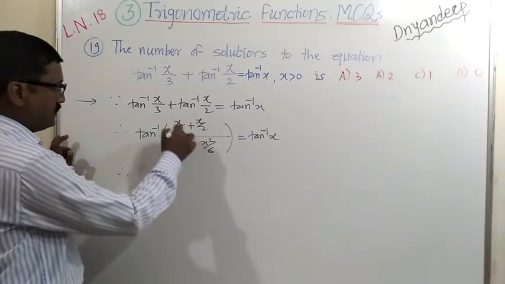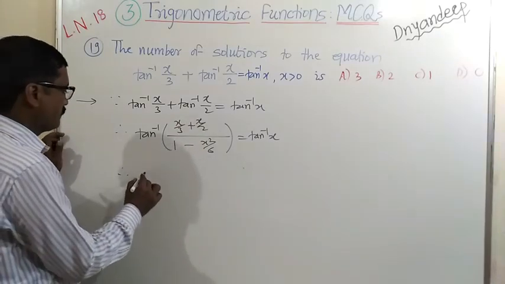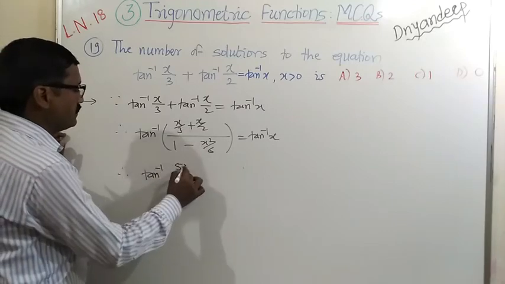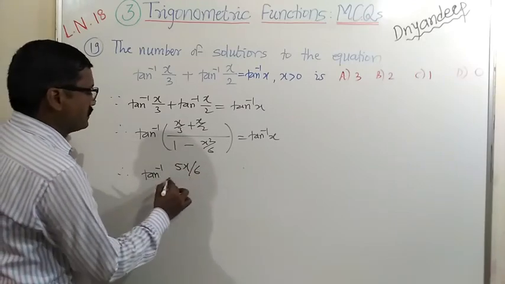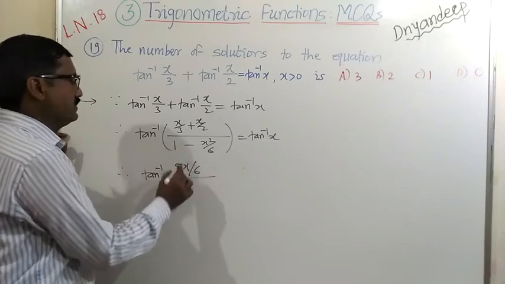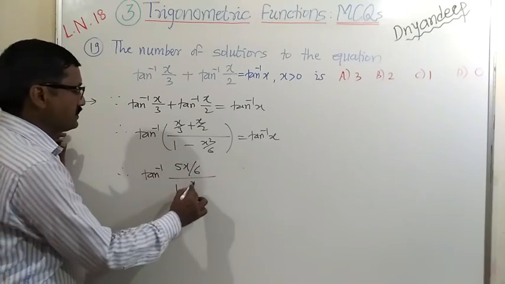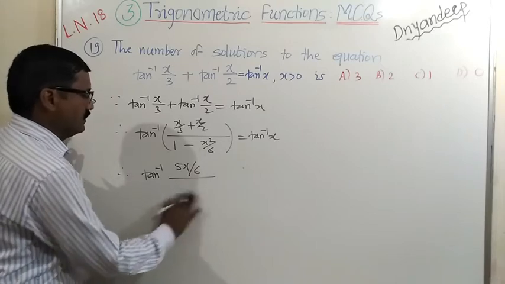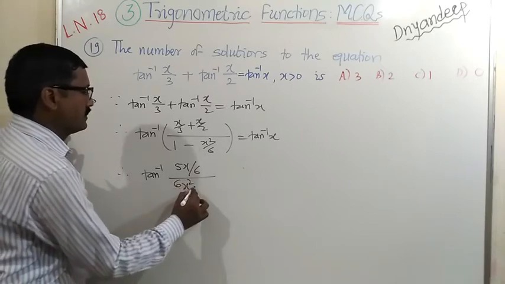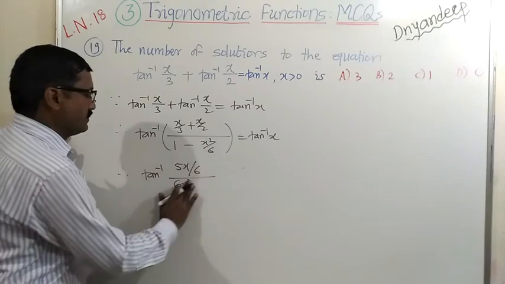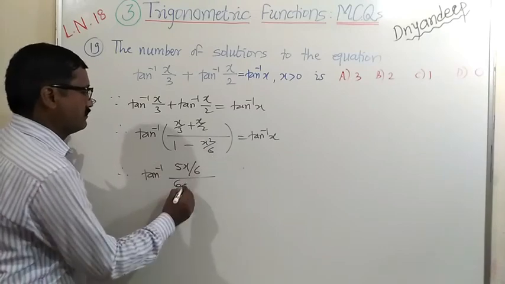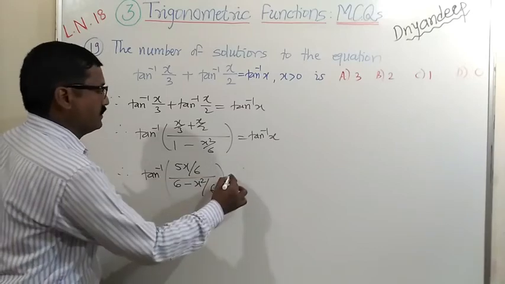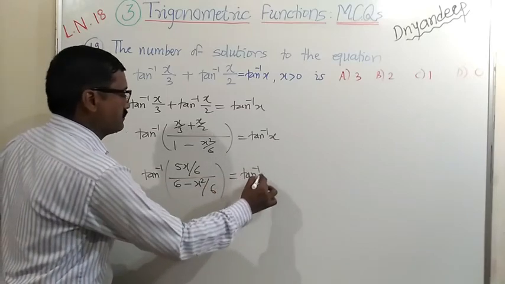So we get here that is equal to 5 pi by 6. So tan inverse of 5x upon 6 whole divided by here we get 1 minus x square by 6, or 6 minus x square upon 6, equal to tan inverse of x.